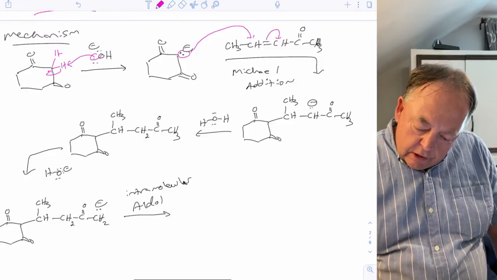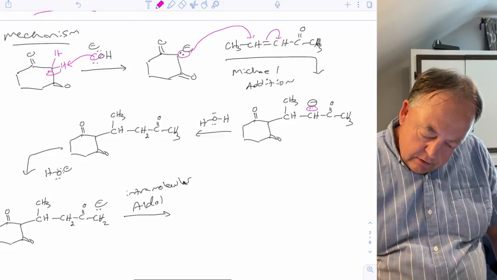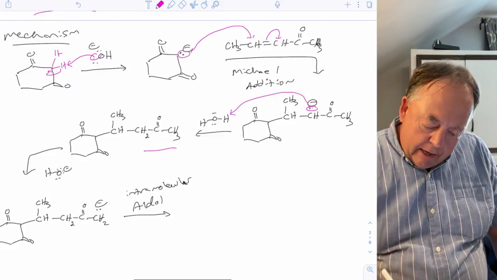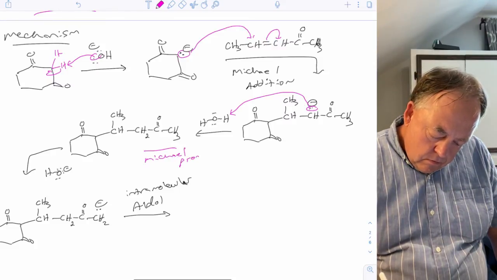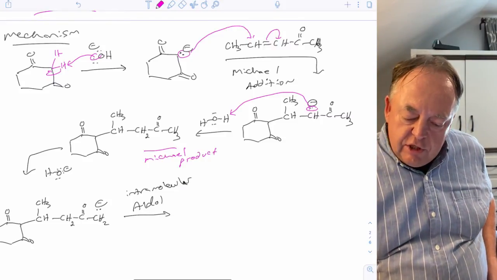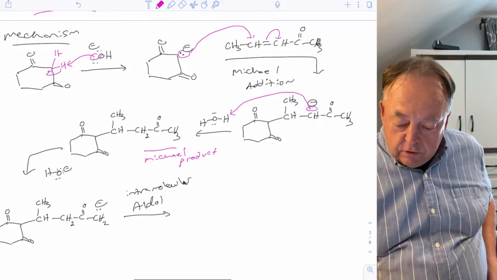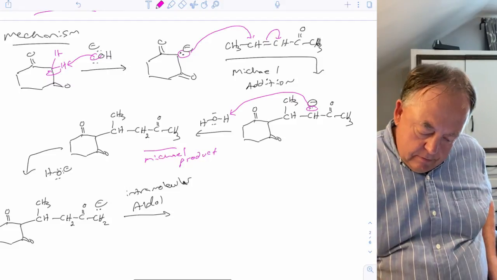Okay, so now what we're going to do is pick up a proton on this carbon to give that. So that would be your Michael product. All right, you made an enolate. The enolate did a 1,4 addition. That's the Michael addition. And then the enolate that resulted from that picked up a proton from water to make the Michael addition product.